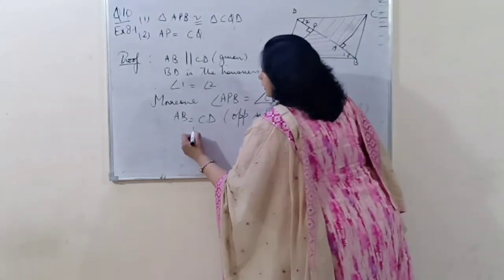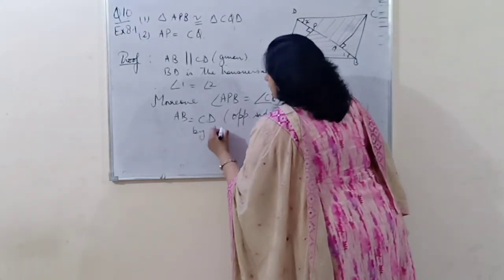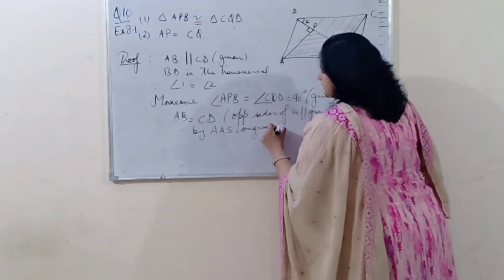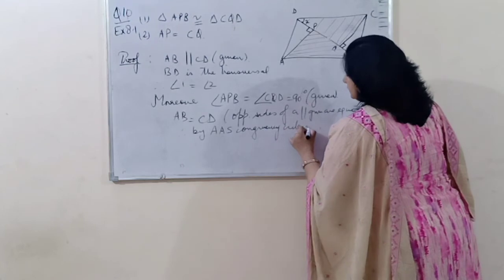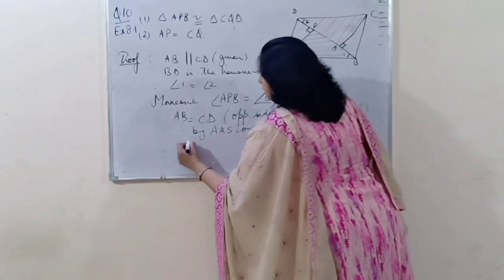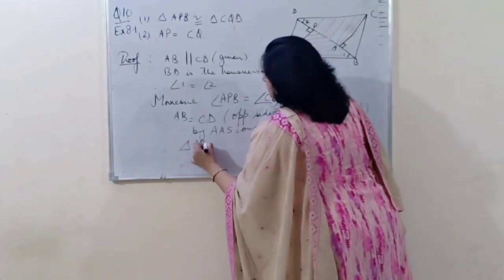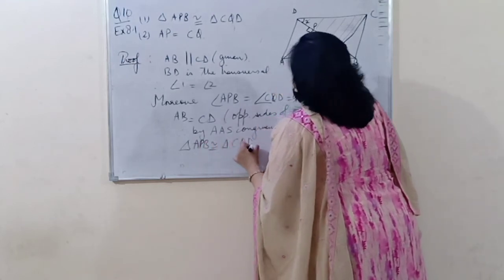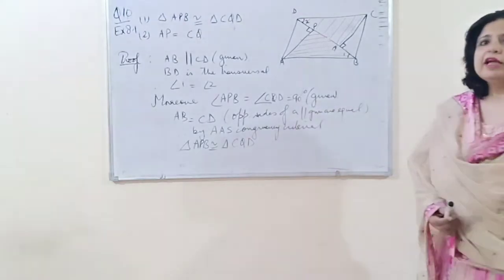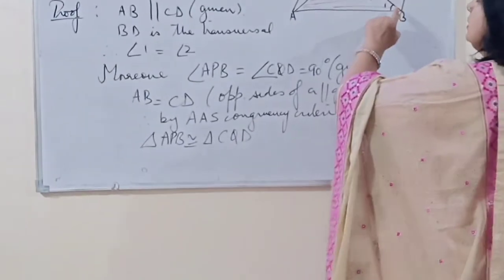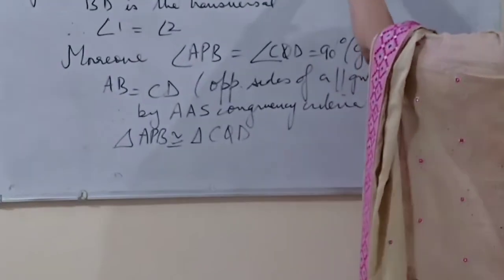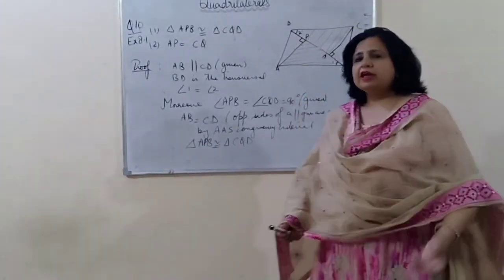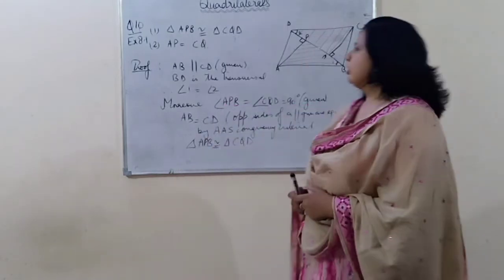Therefore, by AAS congruency criteria, triangle APB is congruent to triangle CQD. These two are congruent by AAS, angle, angle and side. So by AAS congruency criteria, these two triangles are congruent.